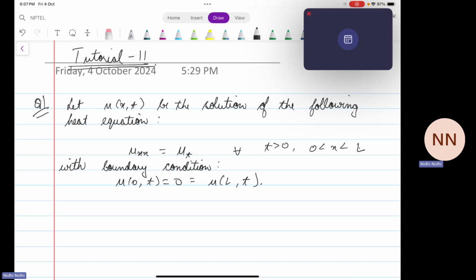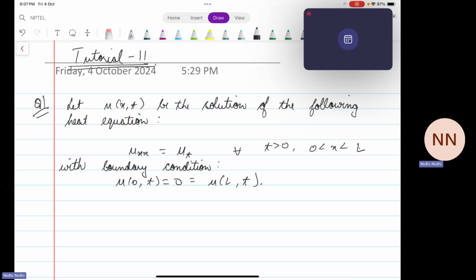That means the temperature at the ends of the rod is 0, where u(x,t) gives us the temperature at time t and at position x of the rod.